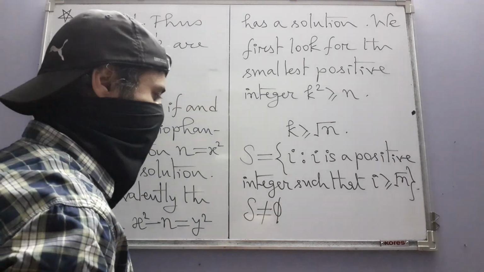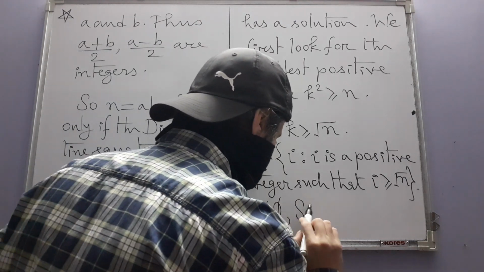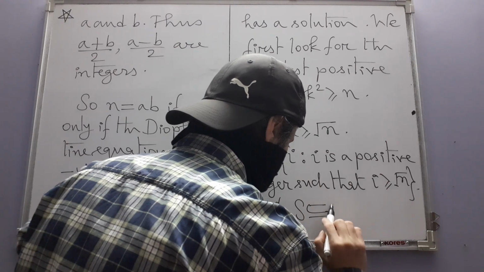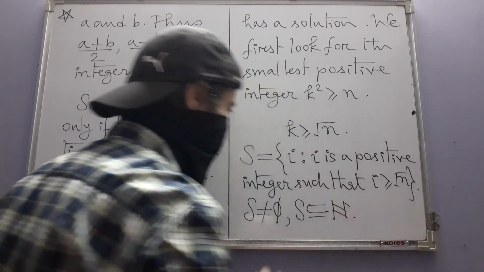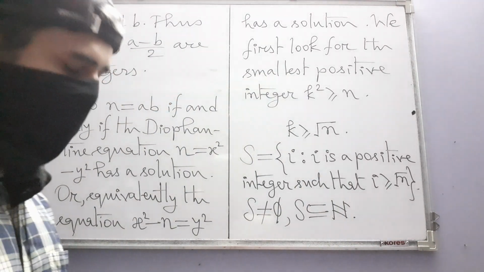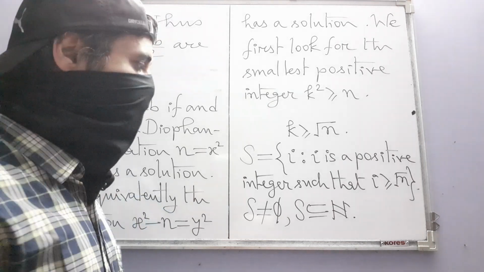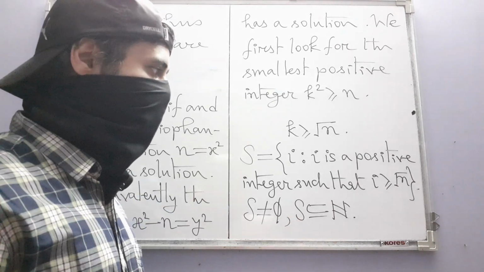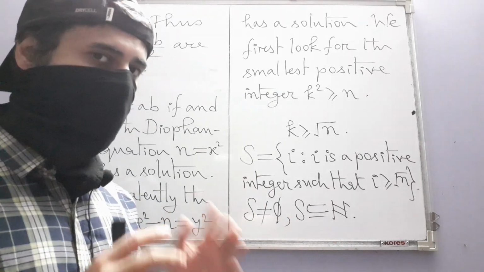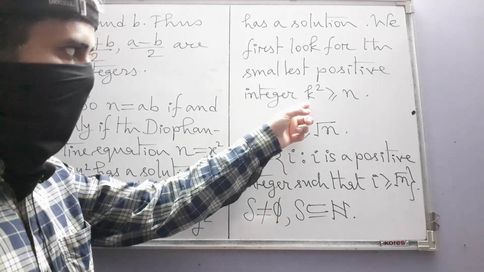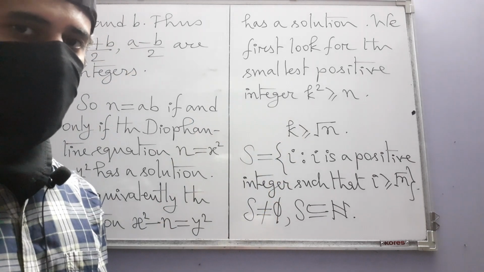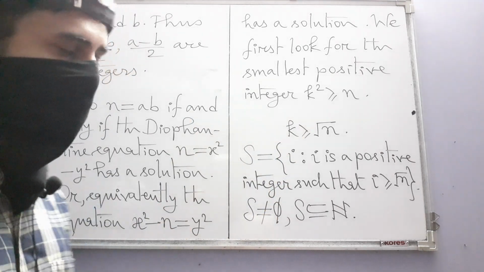S is non-empty, but at the same time S is of course a subset of the set of positive integers, which sometimes we call the set of natural numbers. So by the well ordering principle, this S will have a smallest element. That smallest element is this k. Okay, that is why it exists.